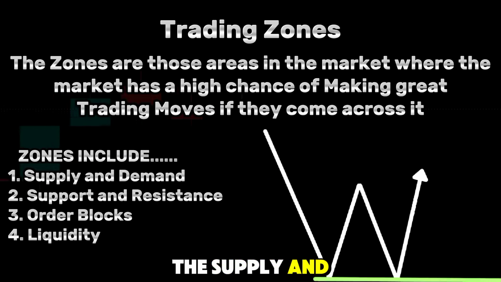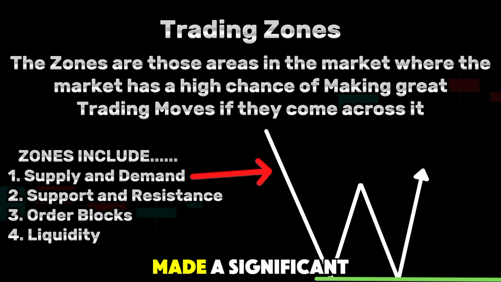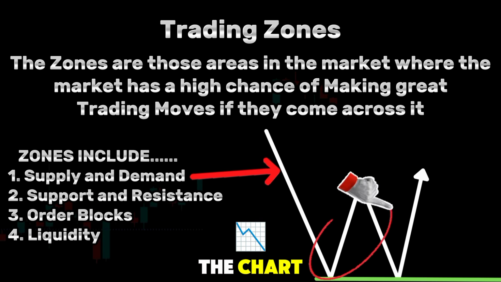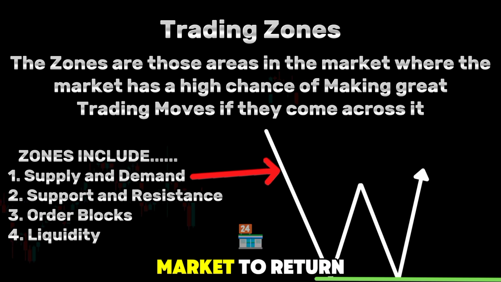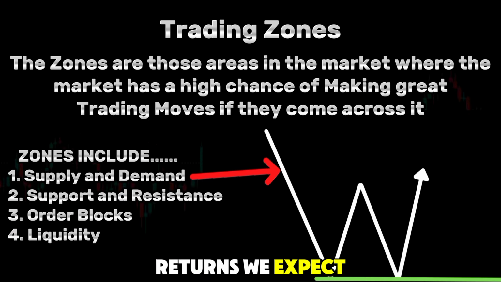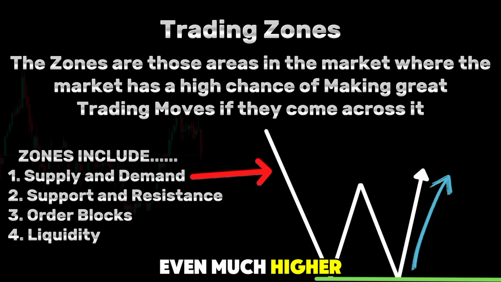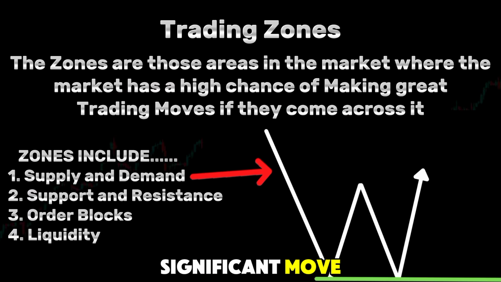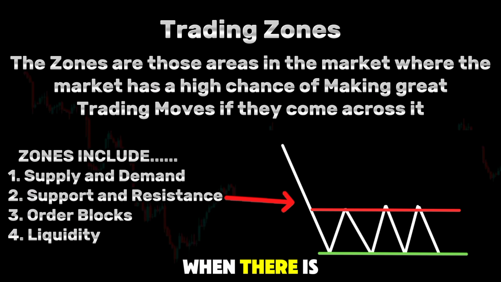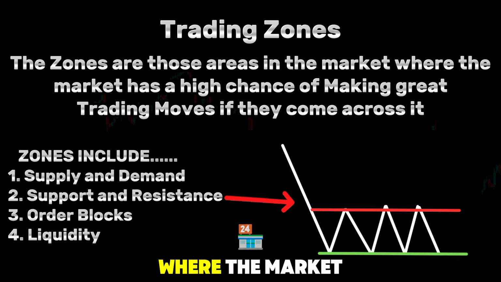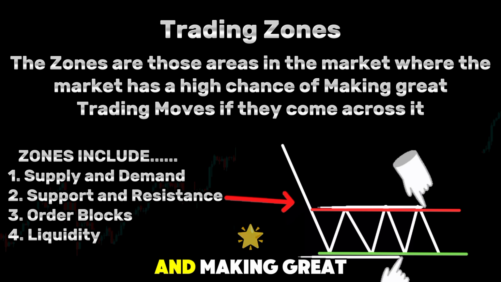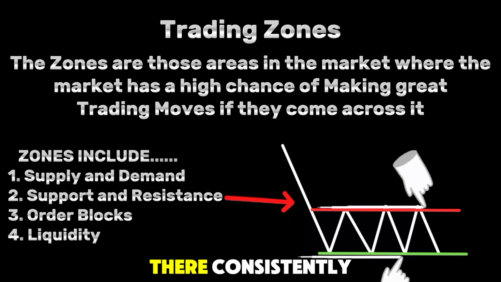The supply and demand occurs when the market made a significant price move from a certain price point on the chart. So as traders, we expect the market to return to that point, and when it returns, we expect it to move even much higher than the first significant move. The support and resistance occurs when there is a current price structure where the market price is reacting to a certain zone in the market and making great price moves from there consistently.